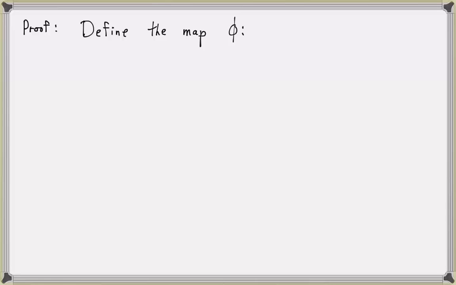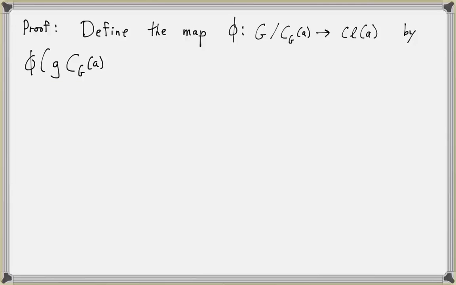It maps left cosets of the centralizer to conjugates of A, so this goes to the conjugacy class of A. The way we're going to define this function, phi of the left coset gC will be equal to the conjugate gAg inverse.